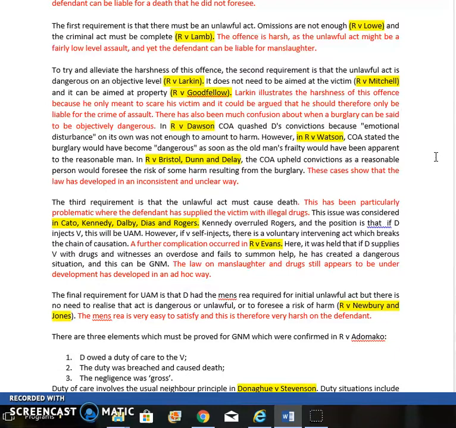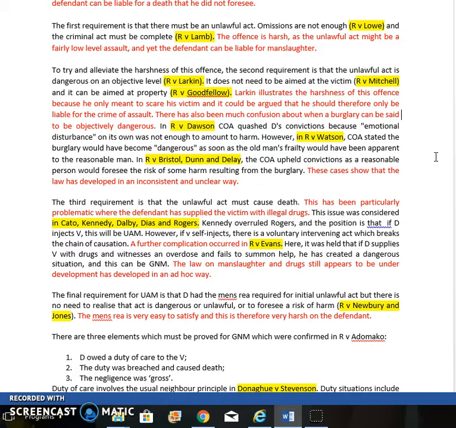So in Dawson, emotional disturbance was not enough. In Watson, they said that it was dangerous because the man in question, the victim, was frail, and that would have been obvious. And in Bristol, Dunn and DeLay, they said that convictions for burglary that resulted in a death were okay because a reasonable person would foresee the risk of some harm resulting from the burglary.